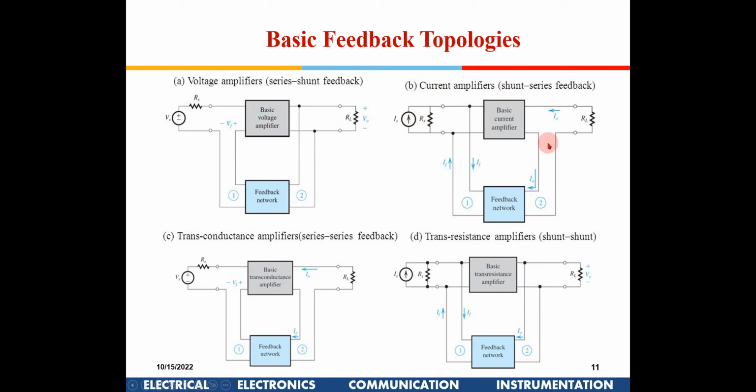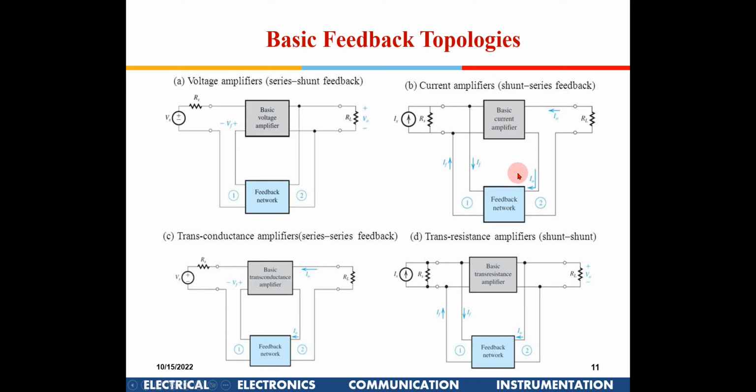Here it is shunt series, which means the input side is shunt and the output side is series. For transconductance amplifiers, it is series series, that is, current is being sampled. So obviously this feedback network has to convert the current which is being sensed into voltage. Here voltage is sensed and feedback is also voltage.